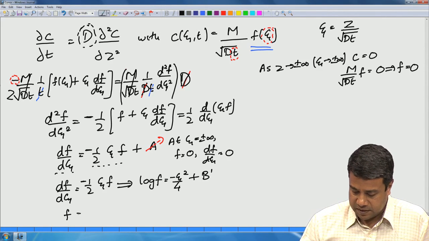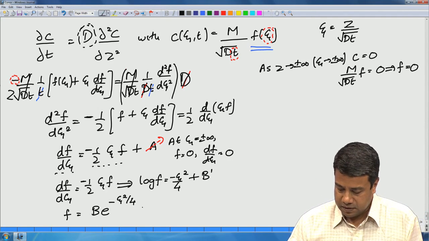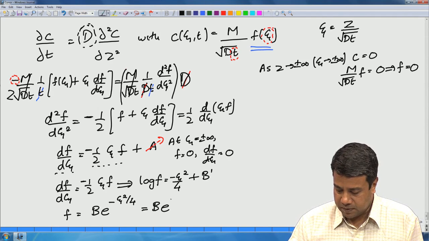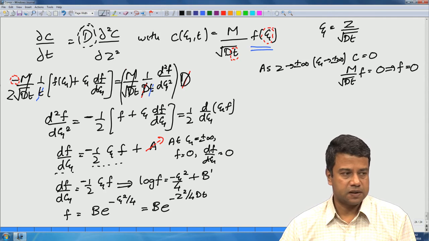Therefore, f is equal to b e power minus psi square by 4, which is equal to b e power minus z square by 4 dt. So, that is the expression for the concentration field.